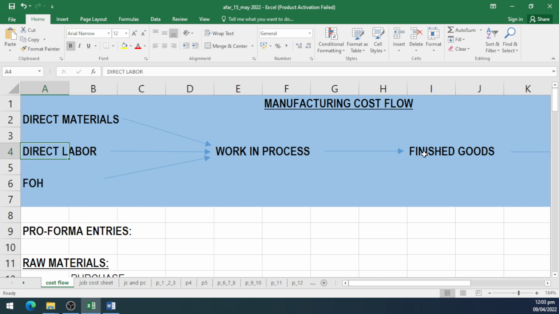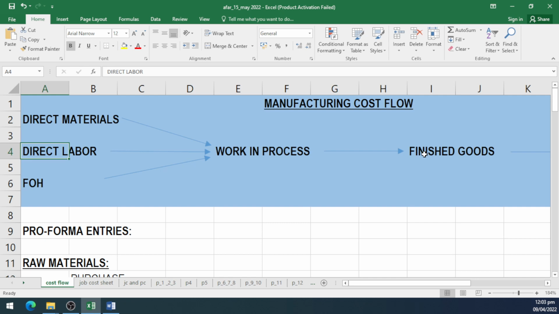So please be familiar with this flow of manufacturing cost, and I am hoping that everybody is familiar as well dun sa accounting ng materials, labor, and factory overhead, so that we can focus on the job order costing.